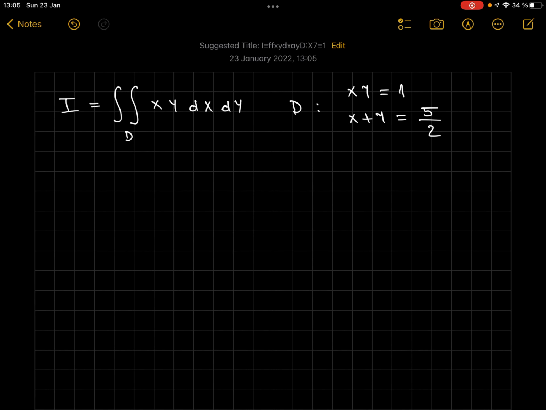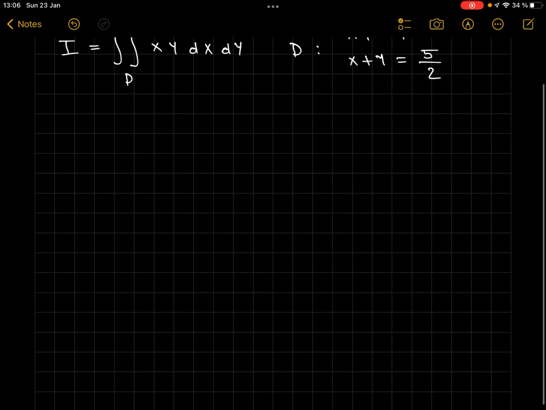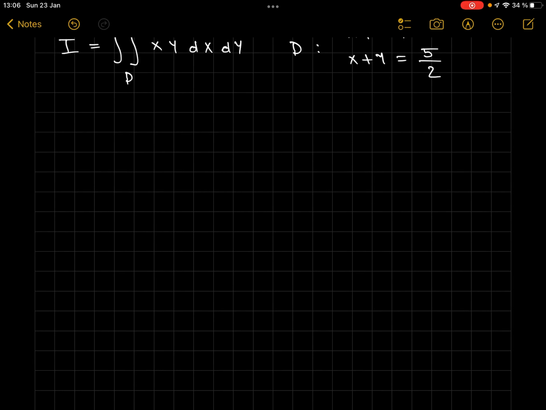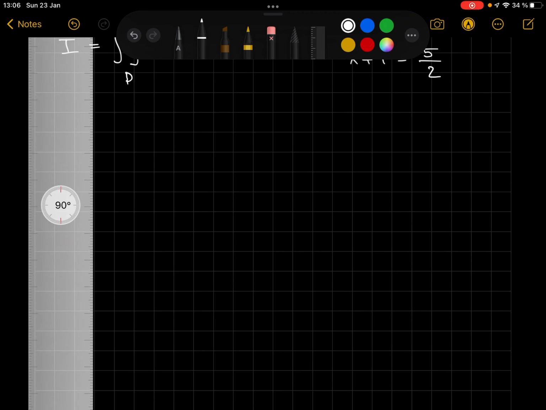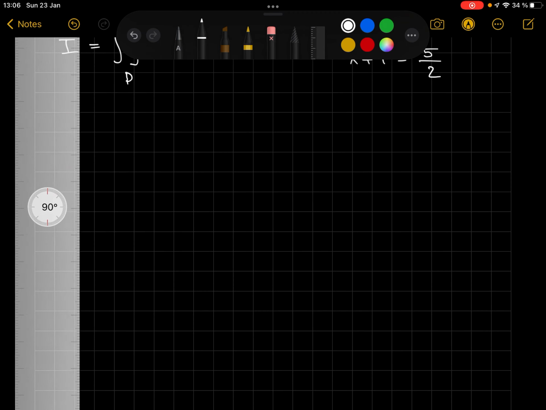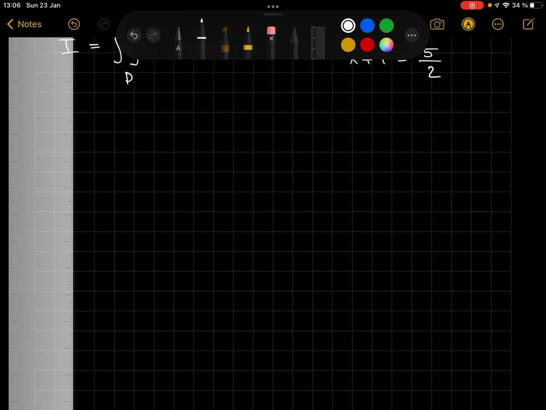So whenever you're doing a double integral problem, or a triple integral problem for that matter, what would be recommended is to first graph the area over which you're computing the double integral. So I'll do a sketch, I'll just go ahead and take our ruler.